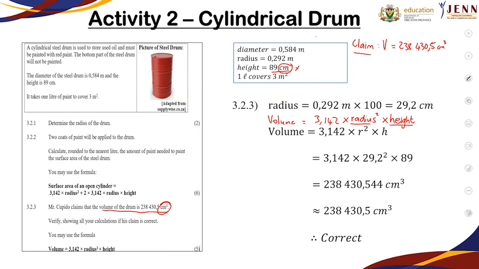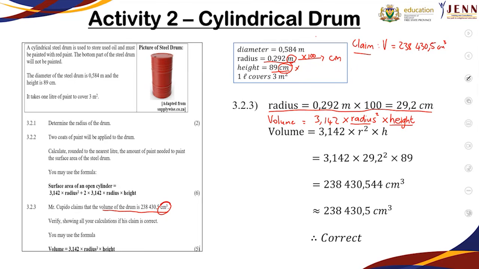So let's have a look. Let's start with the radius. The radius is 0,292 meter. So that's my problem already. I need to convert this meter to become centimeter. How do I do that? I multiply by 100.